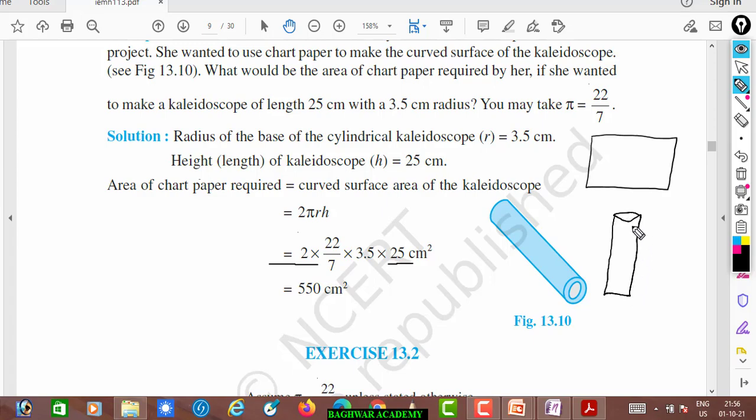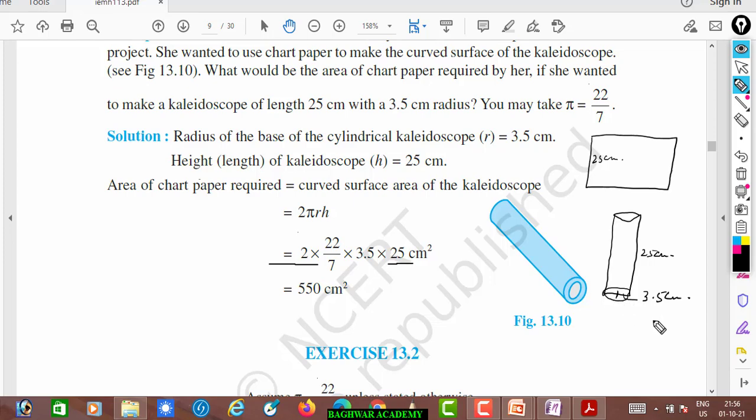The length has been given. Length means height here, so this is 25 centimeter. And the radius has been given, this is 3.5 centimeter.